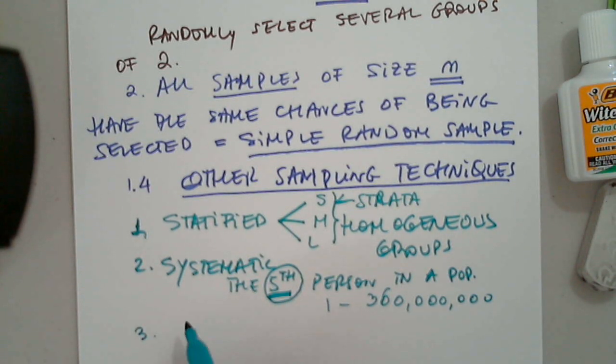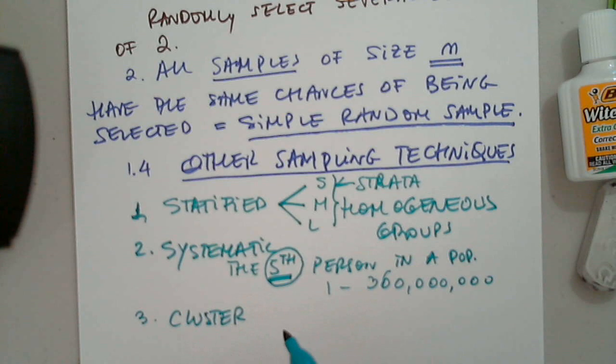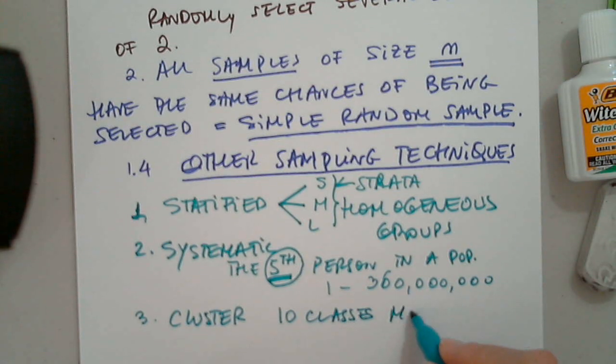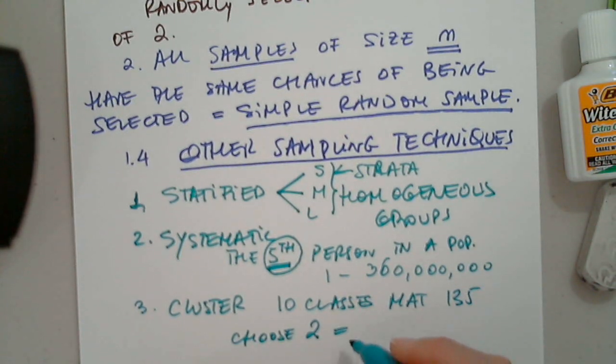Also something called cluster. In a cluster, for example, let's say we have 10 classes, math 135, and I randomly choose 2 of them, and select or have in the study everyone in those 2 classes.